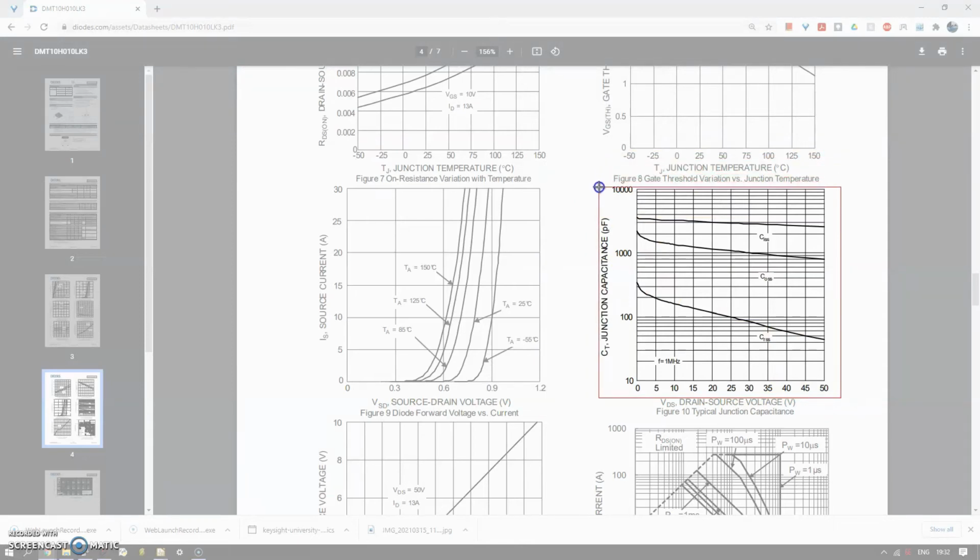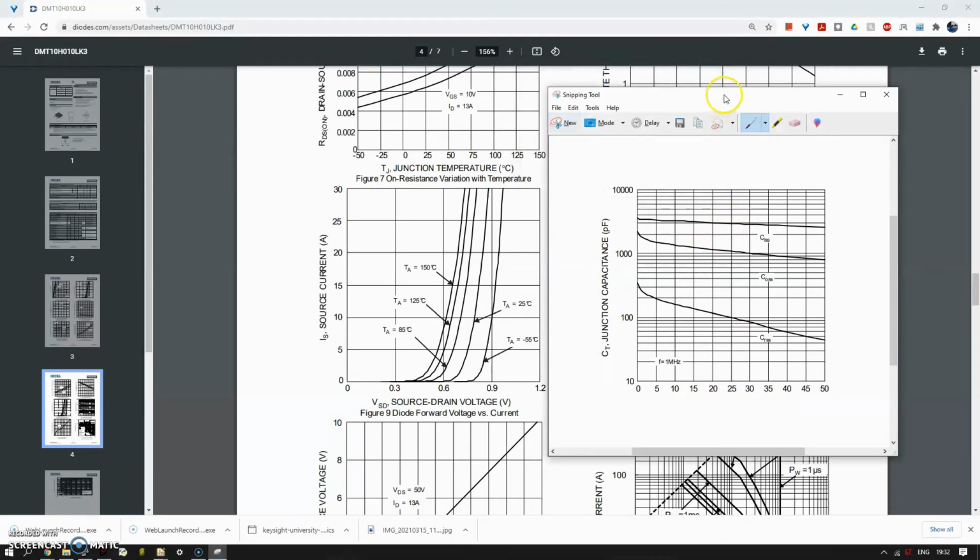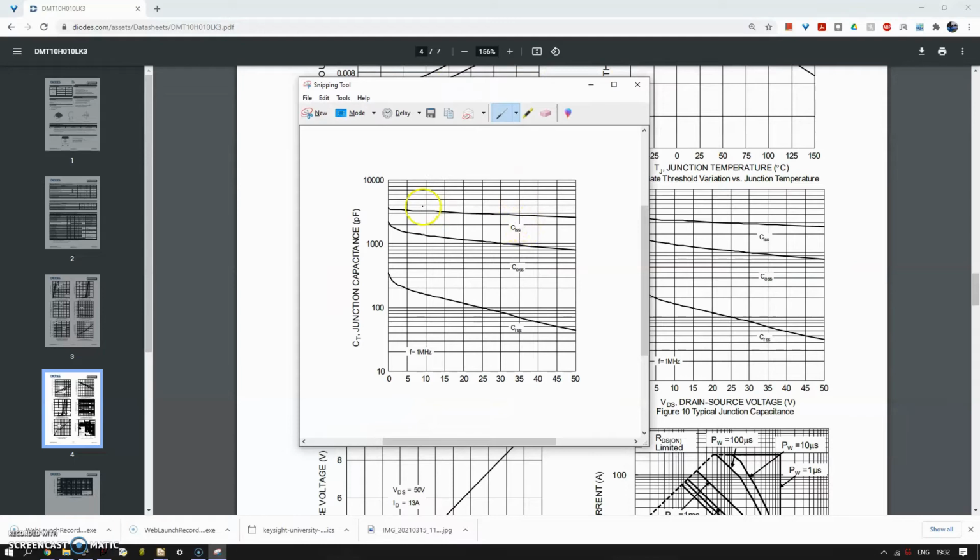Again, a lot of them will have a similar graph like this. What they've done is plot the capacitances at different drain source voltages. This is VDS here. If we choose 25, which is pretty much what I'll be working at, then we've got 100 picofarads for CRSS, which I said was the gate drain. So C gate drain is equal to 100.